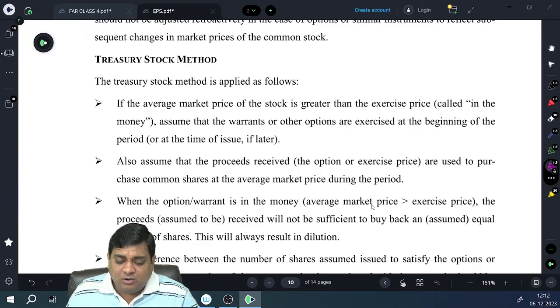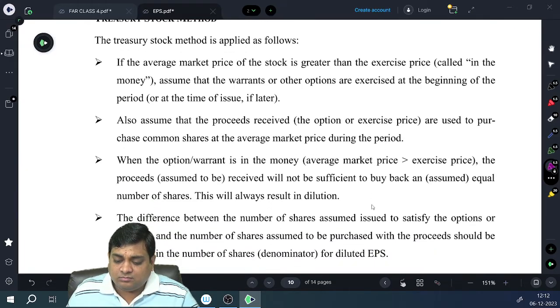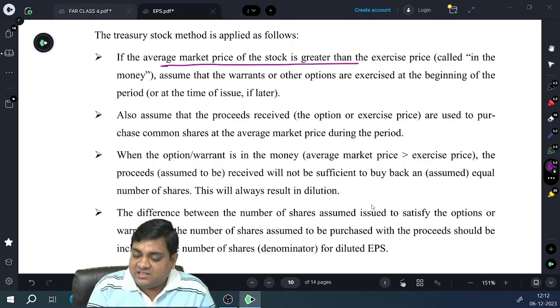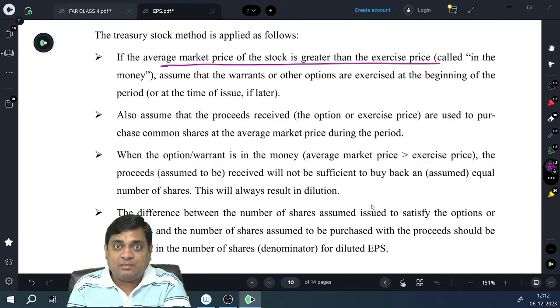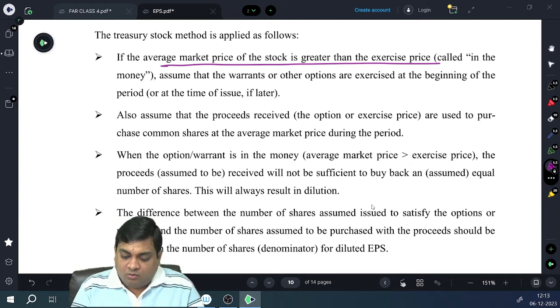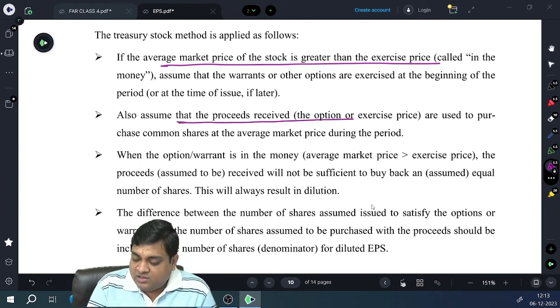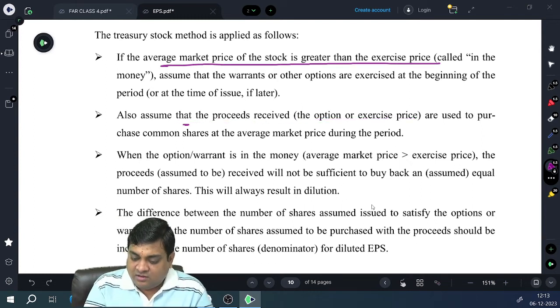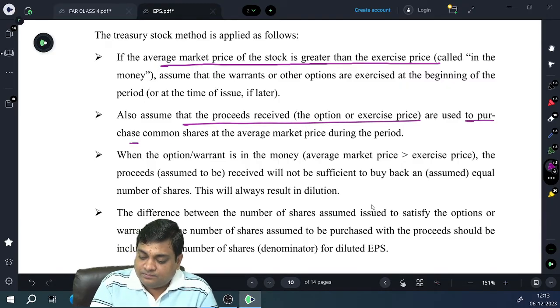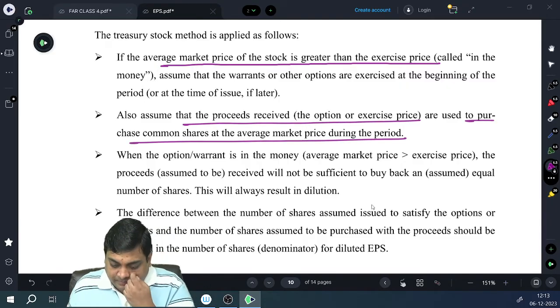So this is how we are going to do it, right? So number one, the market price is greater than the exercise price, then only it is in the money and you are going to exercise that, right? Whatever proceeds you have collected from these share warrants, we are going to repurchase common stock at the market price.